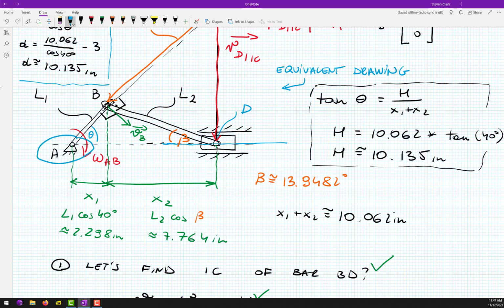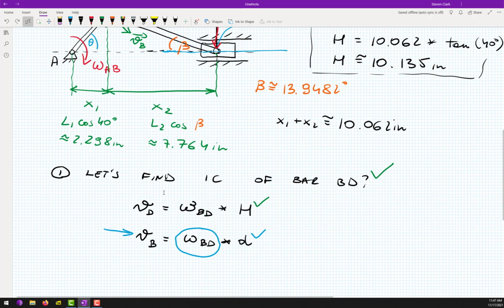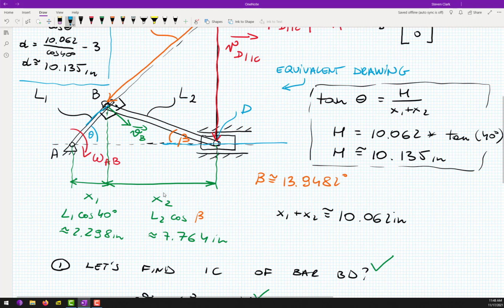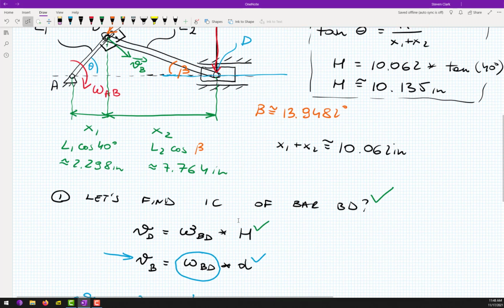So VB will be equal to omega AB times L1, this distance. Let's plug in values.